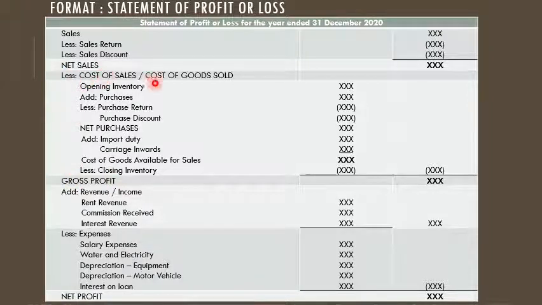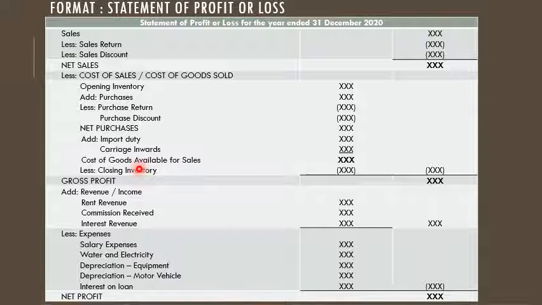Okay, so how do we calculate cost of sales? Okay, kita ada opening inventory, tambahkan dengan purchases, lesskan purchase return dengan purchase discount, awak akan dapat net purchases lah.